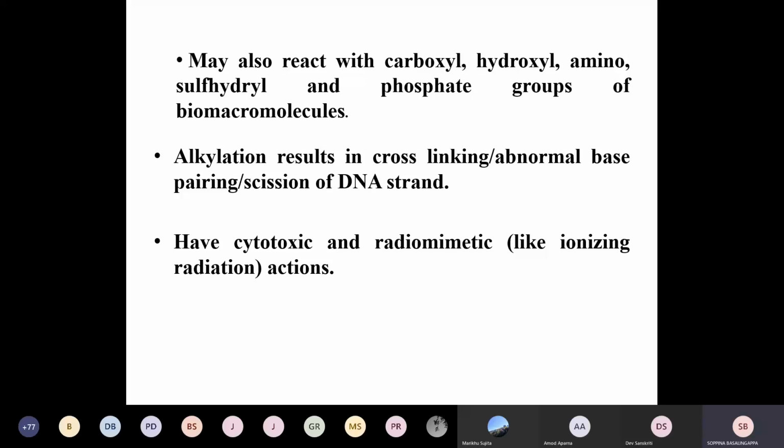Nuclear synthesis is affected. Hence, they have got cytotoxic and radiomimetic action. That means, just like X-rays, it causes ionizing radiation. That itself can kill the cells. That is their mechanism of action.